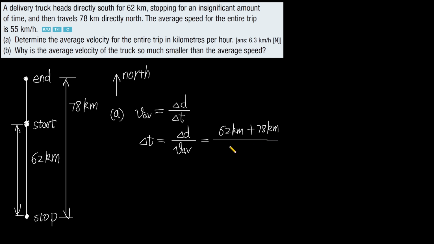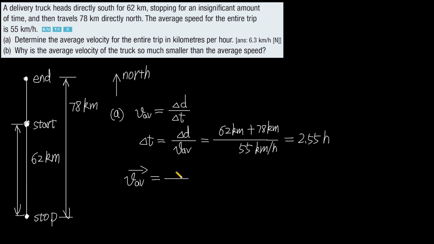Then divided by the average speed, 55 kilometers per hour. And we get the time interval is 2.55 hours.